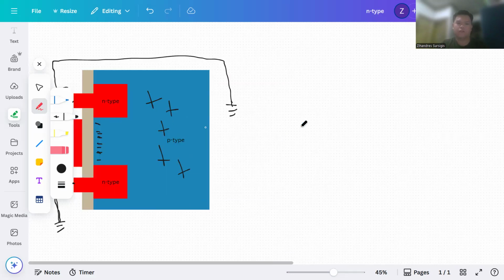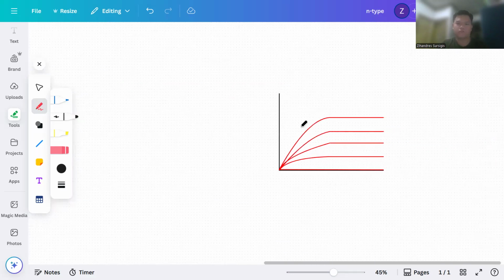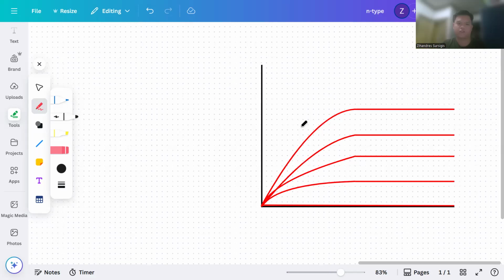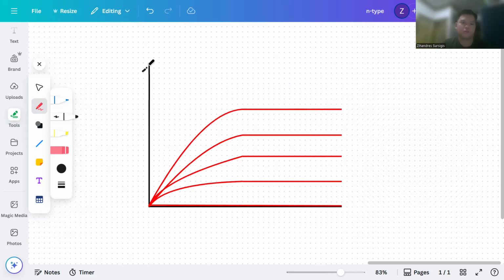So I created this earlier. The graph of the drain current versus our VDS, the drain to source voltage natin with different values of gate to source voltage. Okay.